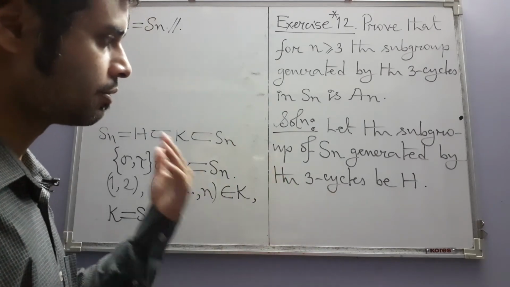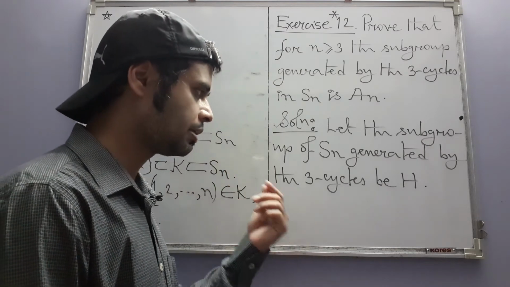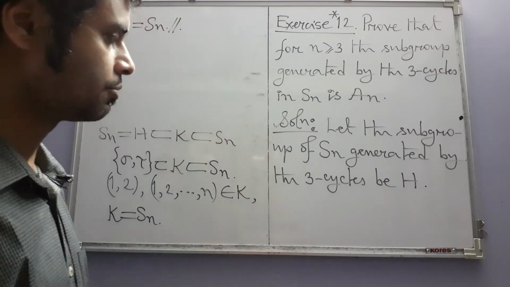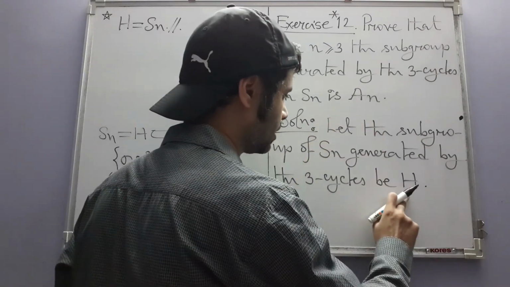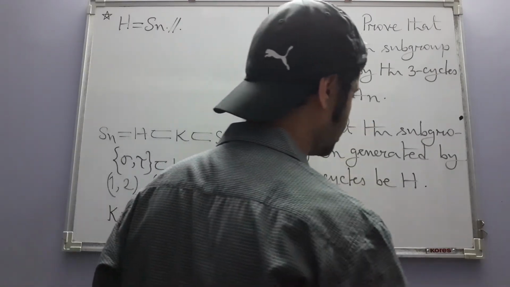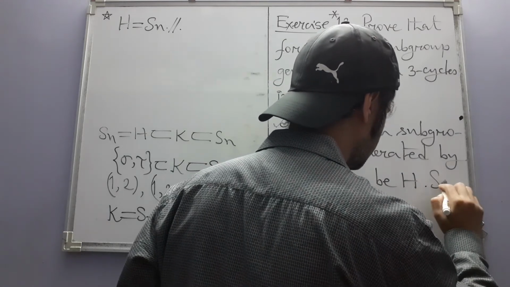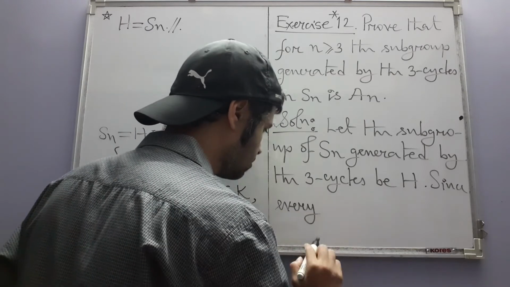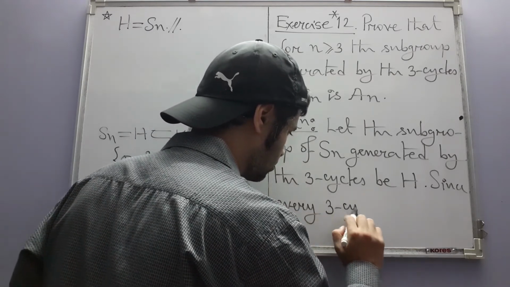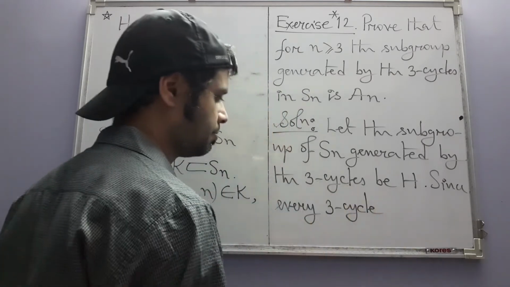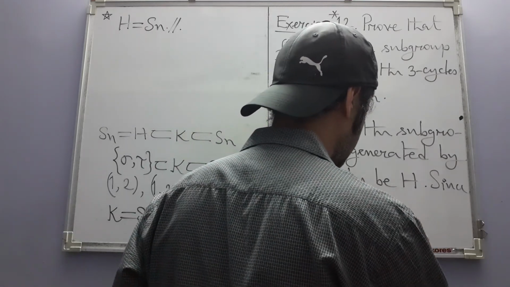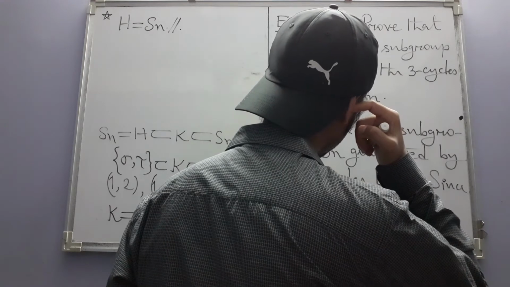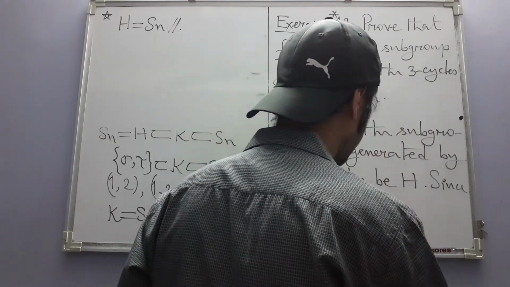Should I show the containment that H is contained in An first, or let me just first say why An is itself contained in H, since every 3-cycle is... No, H is contained in An.